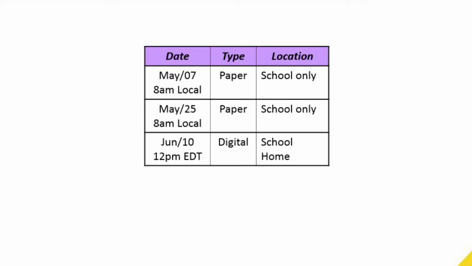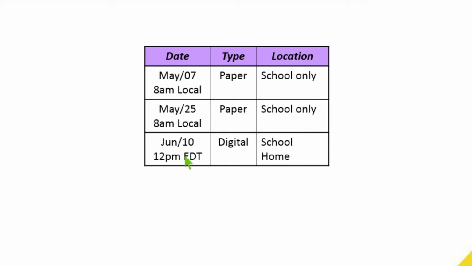As far as the test days go, notice that this is a change from the past, where it is offered on 3 dates. And while it is offered on 3 dates, the difference is your school gets to decide. On May 7th, it is local, paper and pencil, and in your school only. On the 25th, it's again local at 8 a.m., paper and pencil only, in your school.